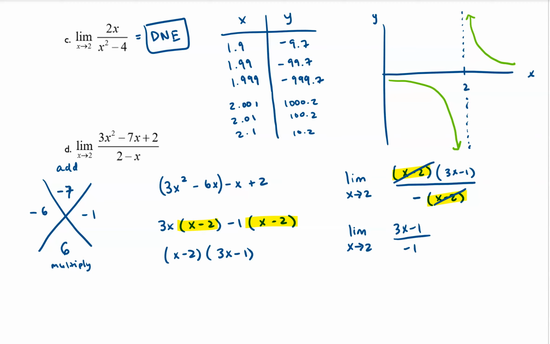Now we can just plug in 2 because it's not going to make the denominator 0. So this is going to equal 3 times 2 minus 1 divided by -1, and that's going to equal 6 minus 1 divided by -1. And 6 minus 1 is 5, so our final answer should be -5.